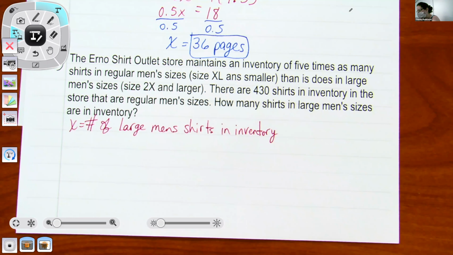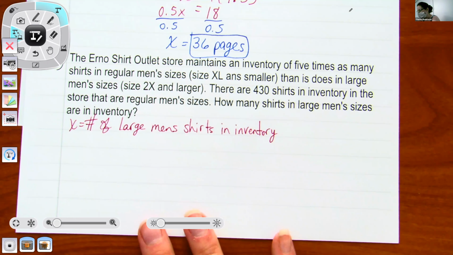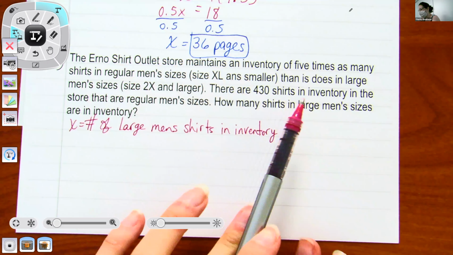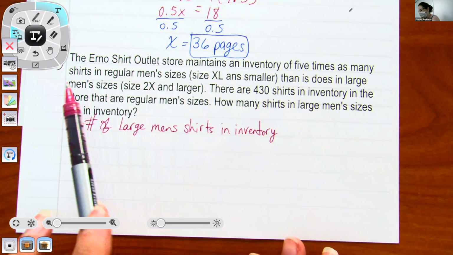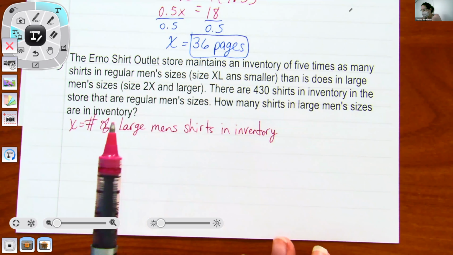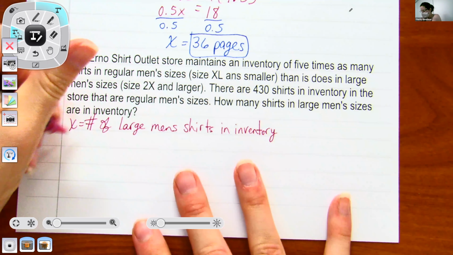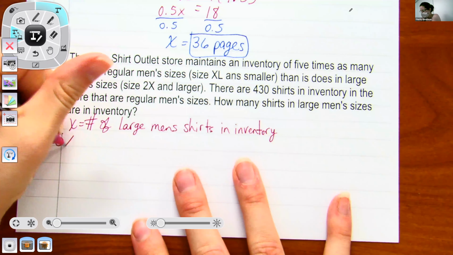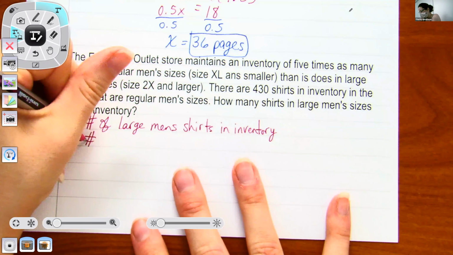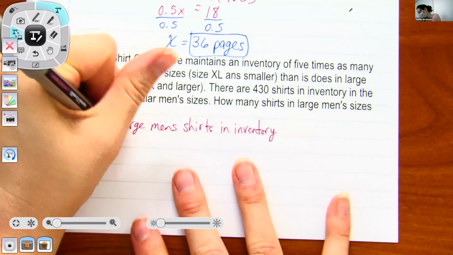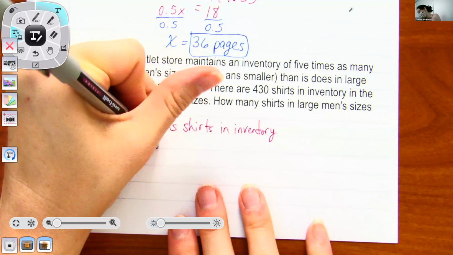So it says that they maintain an inventory of 5 times as many shirts in regular than in the large. So you could say that 5x is equal to the number of regular men's shirts in inventory.